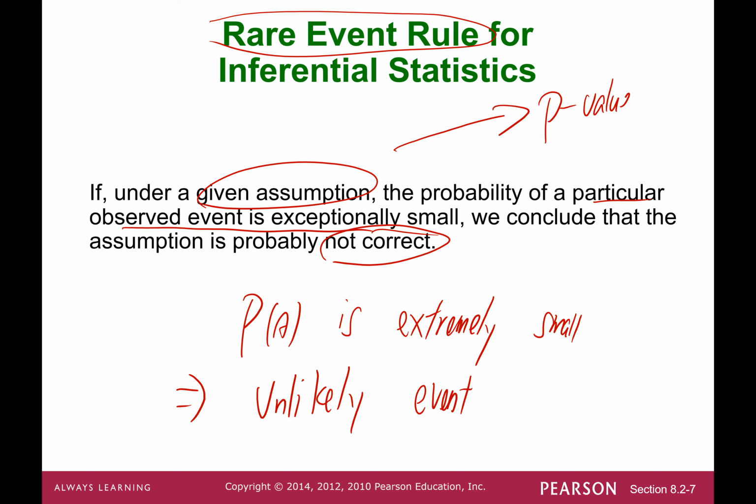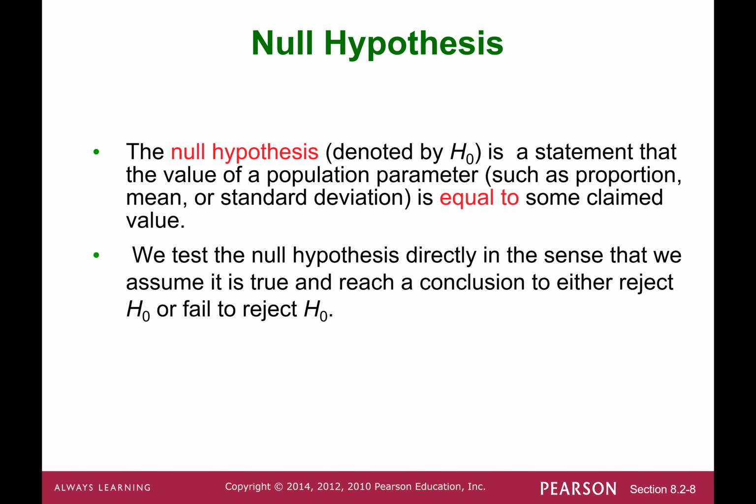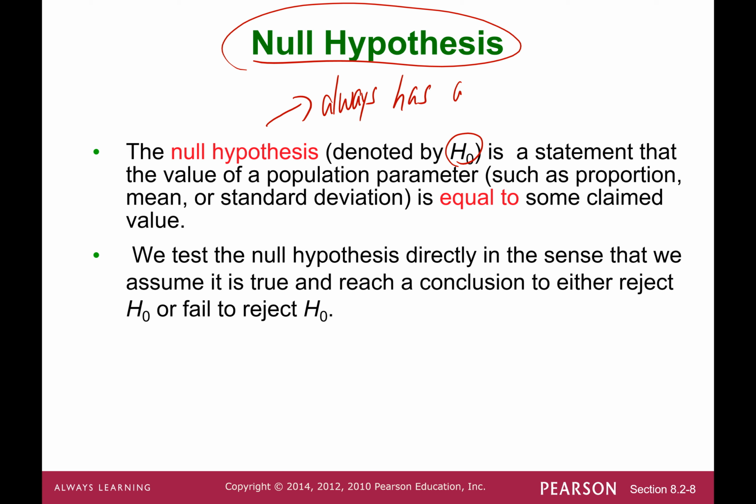We talk about hypothesis testing. So we start with the null hypothesis. Again, we use H0 to represent null hypothesis, and the null hypothesis always has an equal sign. So let me give you some examples.